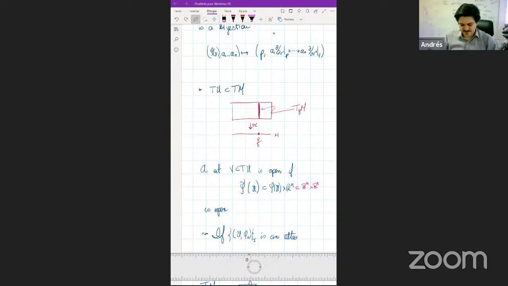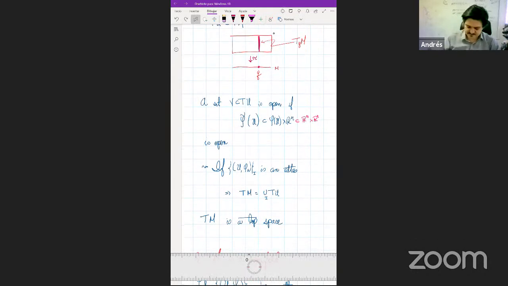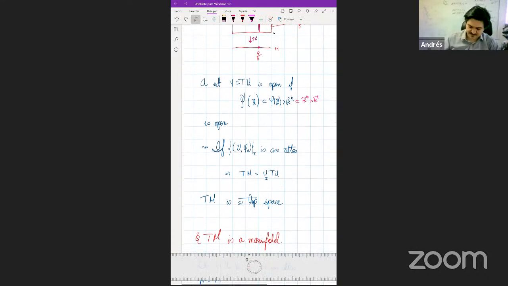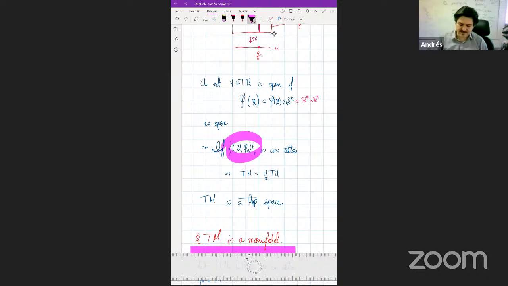So this is what we're going to see now. TM is a manifold. And precisely we will show that if I have an atlas, the TU's will give me an atlas. That's what we're going to show in order to prove that TM is a smooth manifold.